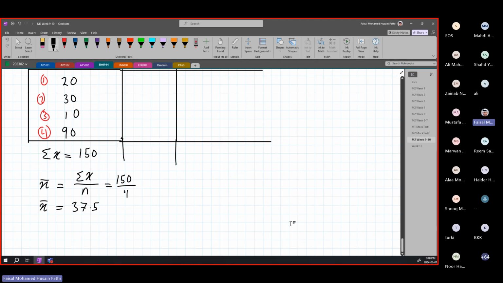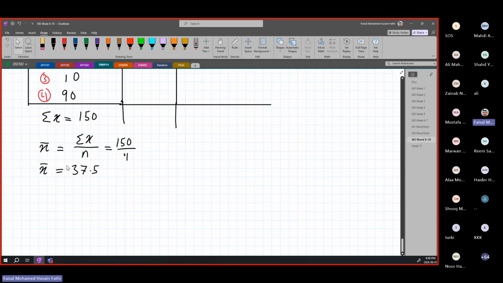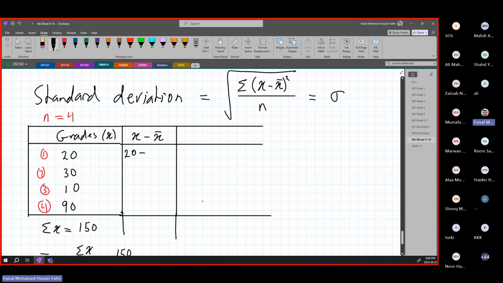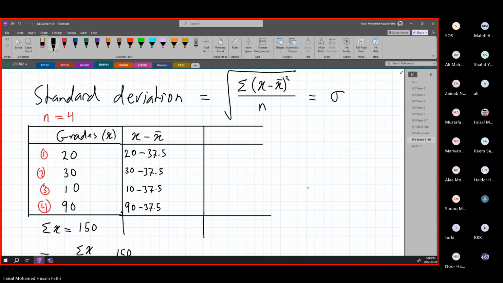First number is 20 minus, what is our x bar? 37.5. Second number is 30 minus 37.5. Third number is 10 minus 37.5. Last number is 90 minus 37.5. This is what you're going to be doing for your first column. Then you put each one of them in the calculator.